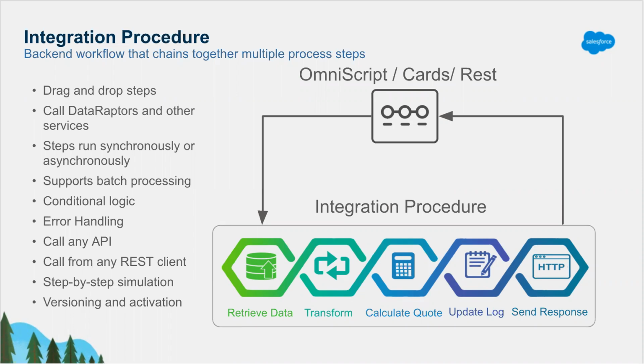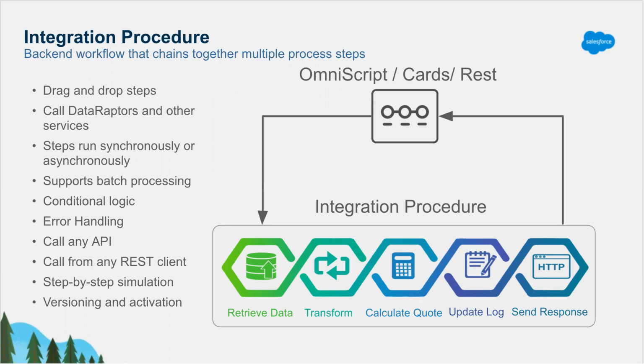But they've got a lot of options for running steps synchronously or asynchronously. They've got error handling. You can drag and drop a container that says everything that's executed within this container is going to have a try catch associated with it if you want to manage the errors that come from it. You can version and simulate these things.